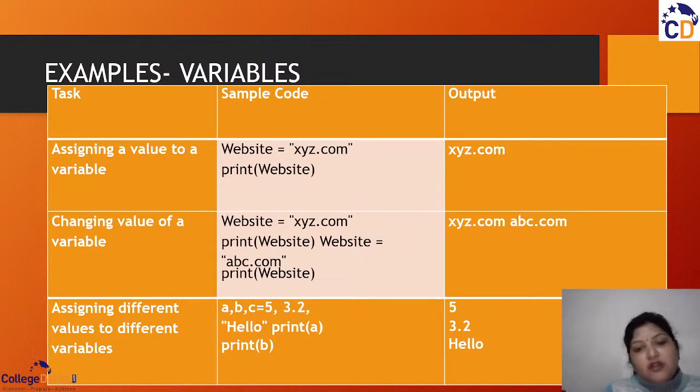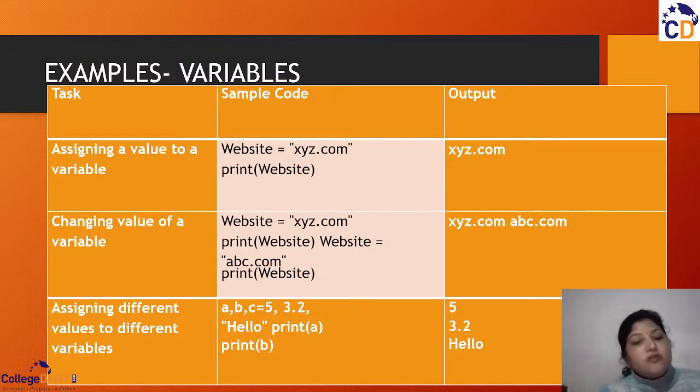Once you have written some value, you can override it with another value by defining the variable again, like website is equal to abc.com, and then when you print the variable website, the output will be abc.com. So you have changed the value. First you have assigned the value xyz.com, and again in the second statement you change the value to abc.com.